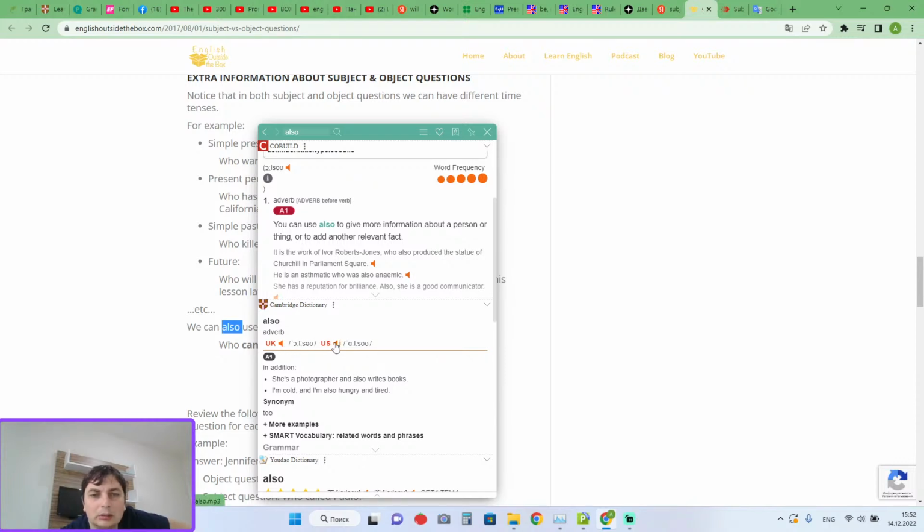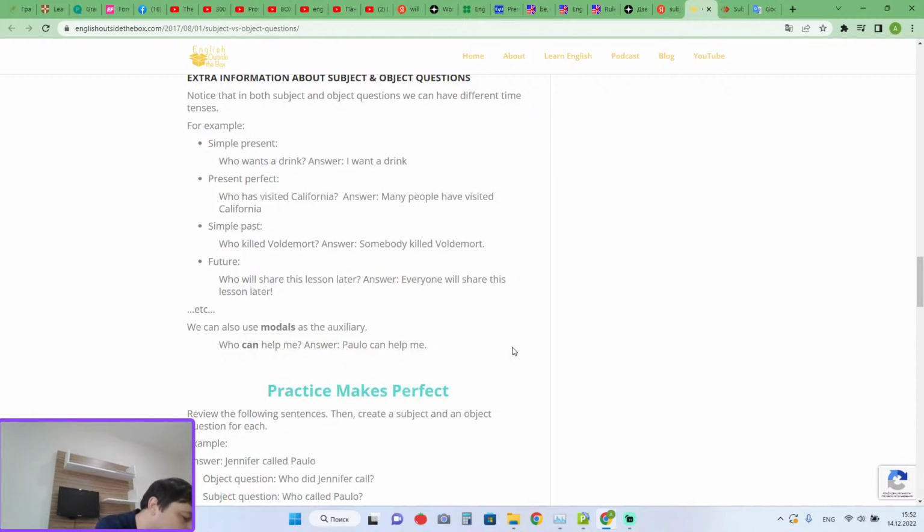You can also use modals as the auxiliary. Auxiliary.